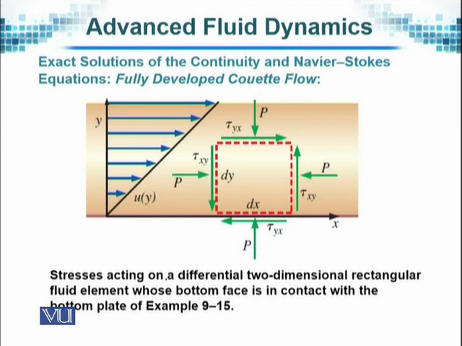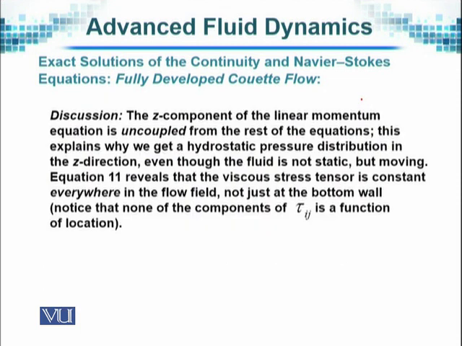that takes place between the two plates as defined, where the plate at the lower end at y equal to 0 is fixed, and the plate at the upper end is moving with a certain velocity given by capital V. The z component of the linear momentum equation is uncoupled from the rest of the equations, so in a way it is not related to them, and that explains why we got a hydrostatic pressure distribution in the z direction.